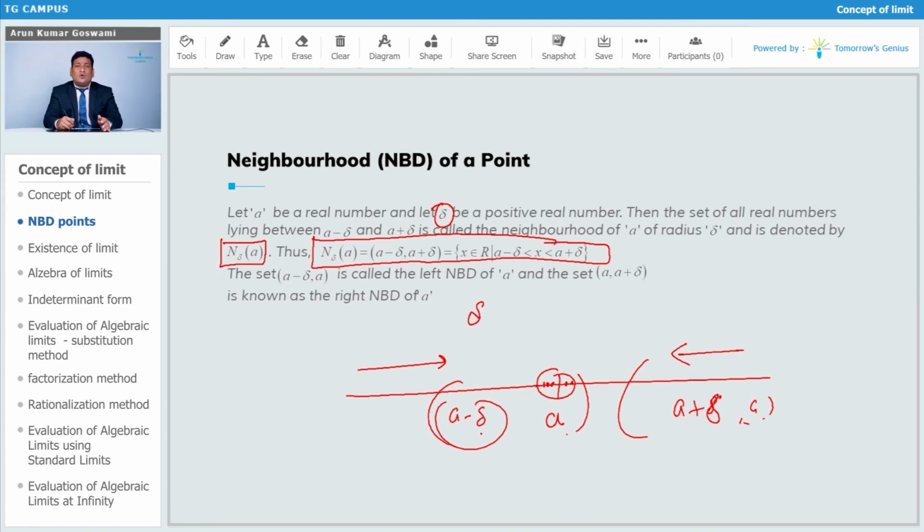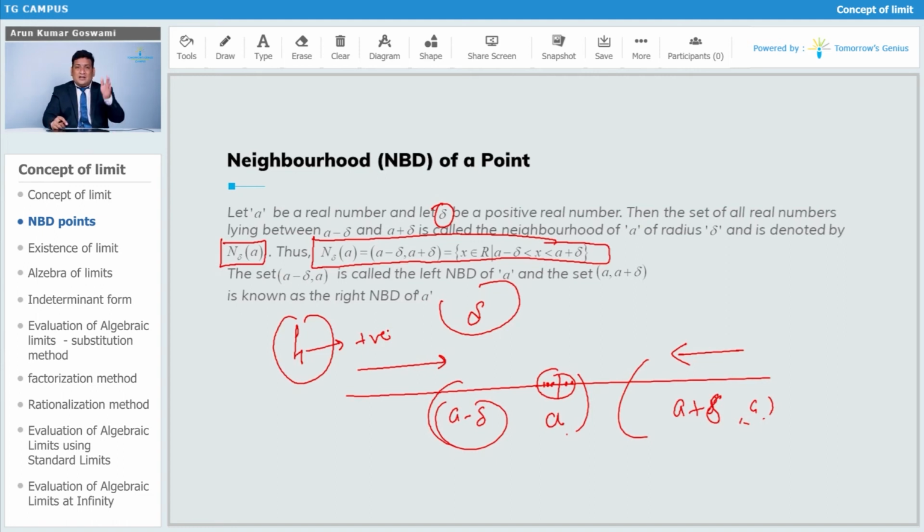Again, I'm telling you, don't get confused with delta. If you have some confusion with it, you can take this as h. The main concept is that this h should be a positive real number and a very small quantity. You cannot take this as 2, 3, 4, 5 or something like that. It must be very small so that it is in the neighborhood, because only if it is small is it a neighborhood.